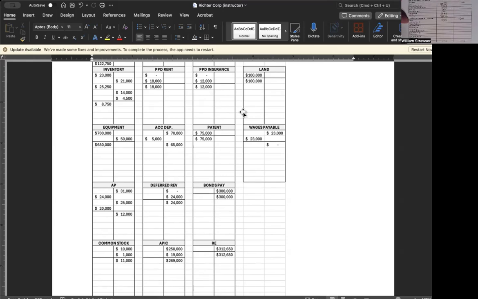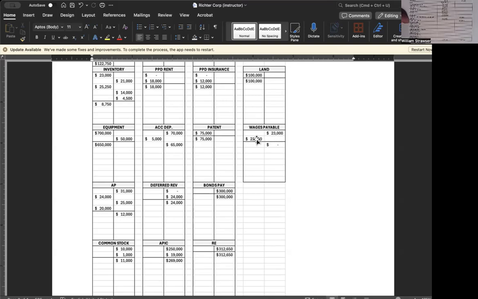My payables, the accounts payable down here, AP, started at 31, paid some off, bought some more inventory on credit, paid some off, ended up at 12,000. Wages payable started at 23, that was the amount that I owed them from their prior period work.